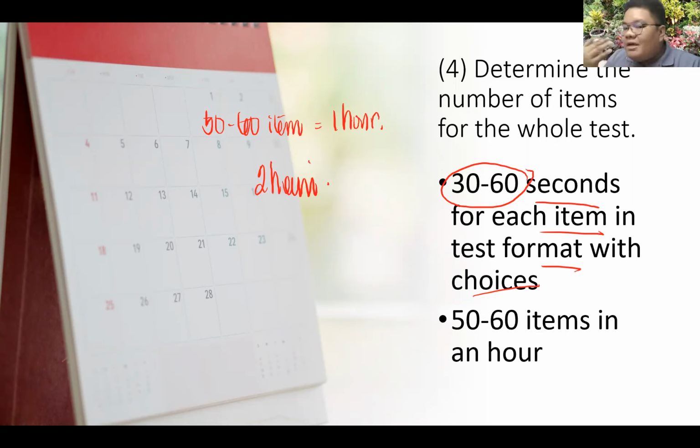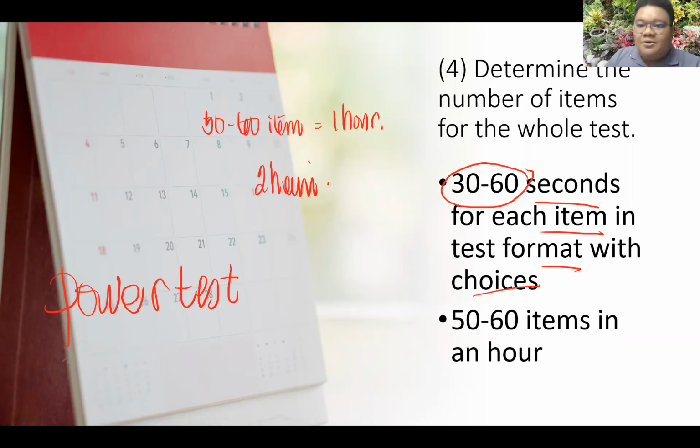Hindi mo sila kailangang bigyan ng 2 hours. Hindi mo sila kailangang bigyan ng 3 hours. Pero kapag difficult siya, let's say for example, you're conducting what we refer to as power test. Pag power test siya, you can extend time depending on the level that you would want them to be testing on.